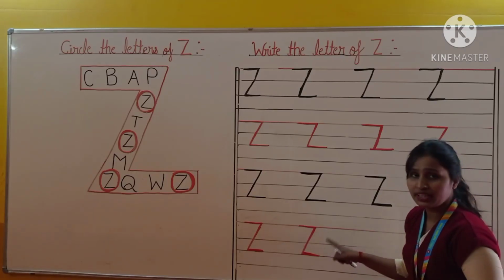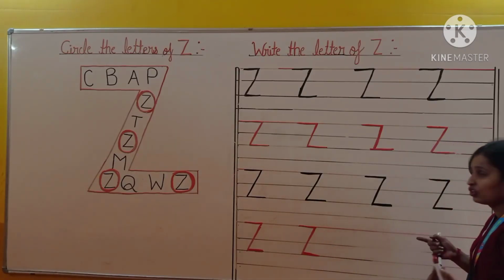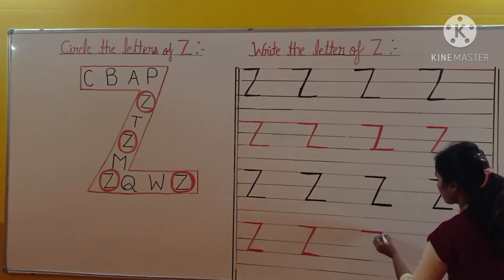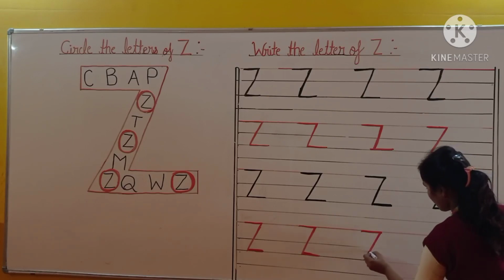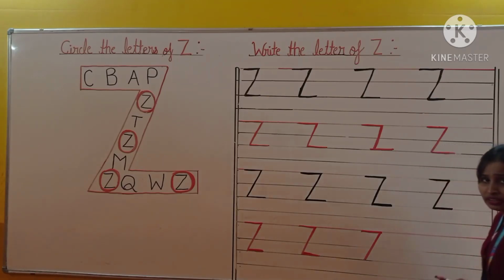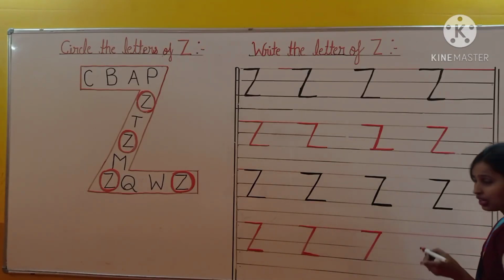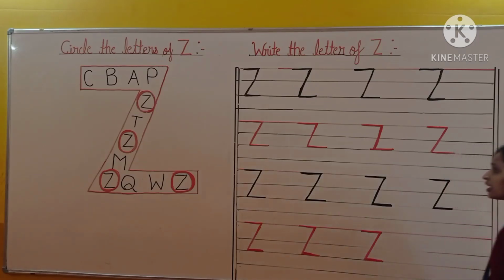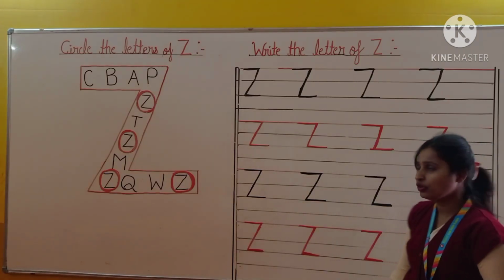This is a capital letter Z. Z is for zebra. Okay, repeat again. Start from the dot, draw a sleeping line, another slanting line down, and after that, sleeping line. This is a capital letter Z. Z is for zebra.